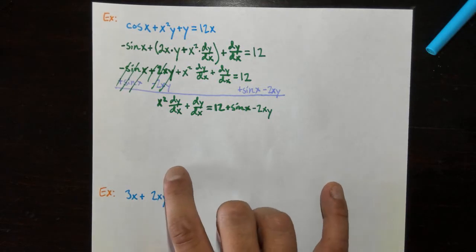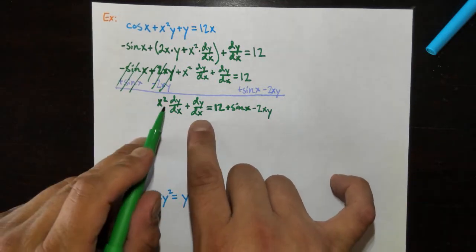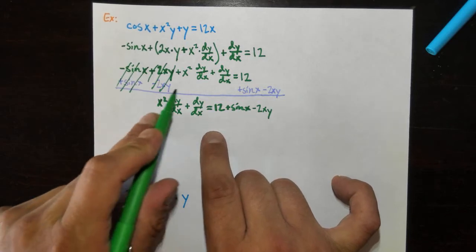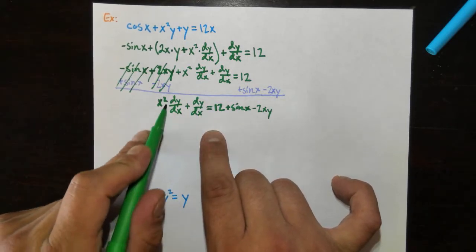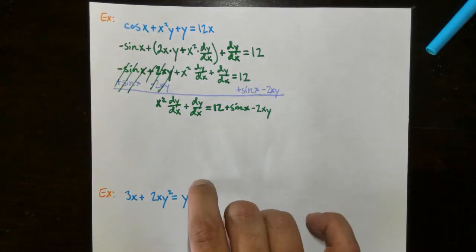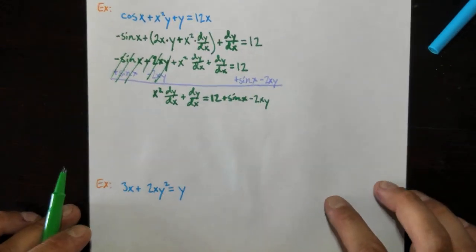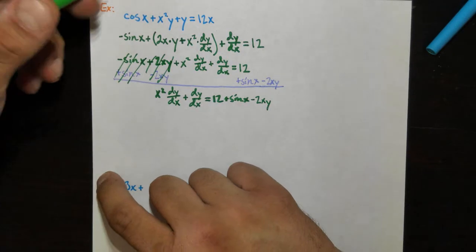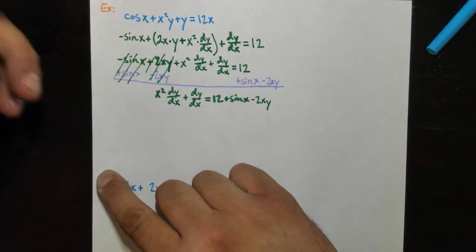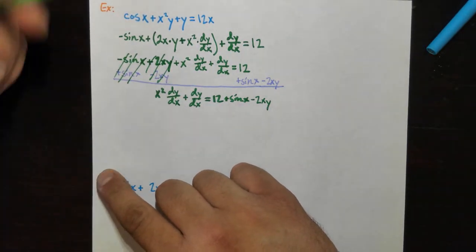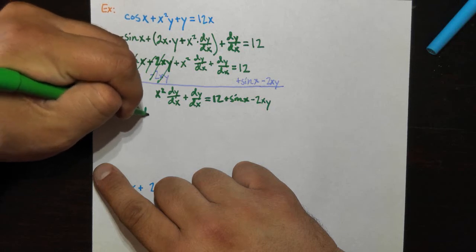And now, this is the trick. When we have multiple terms that have dy/dx, and we're solving for dy/dx, we're going to want to factor that dy/dx out. So dy/dx is the common factor that I'm concerned about. So I'm going to pull that out.